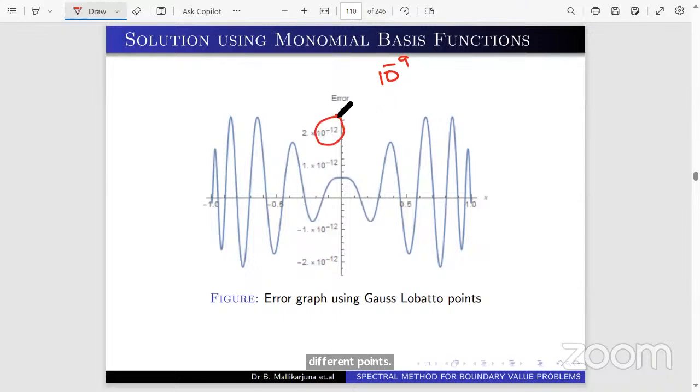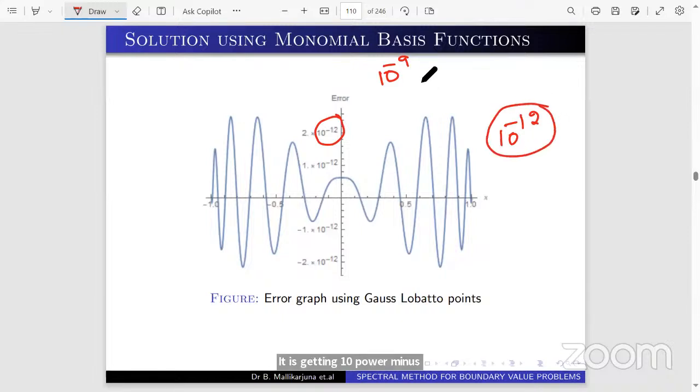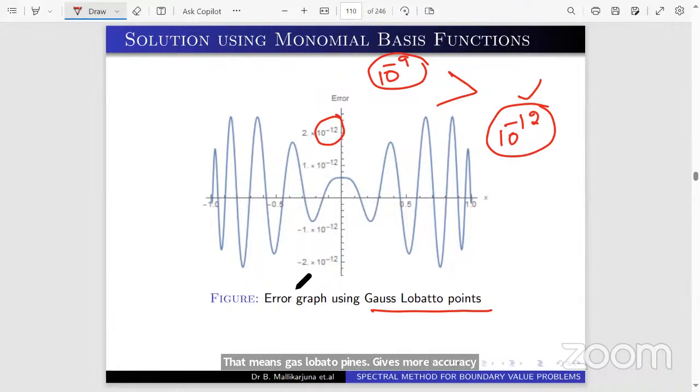Here, it is getting 10 power minus 12, which is giving less error. That means Gauss-Lobatto points give more accuracy. Equispaced points give more error than Gauss-Lobatto points.